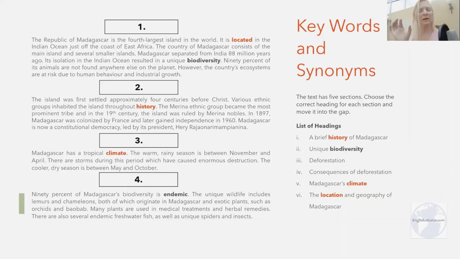So you may recognize some of those words as being types of animals. So if you go back again to the list of headings, we'll see that probably the best answer here is, can you guess it? Yeah, that's right. Number 2, unique biodiversity.